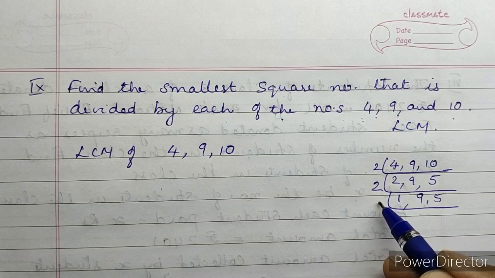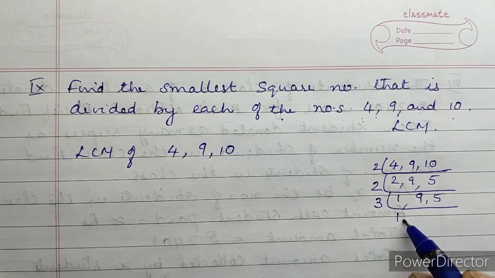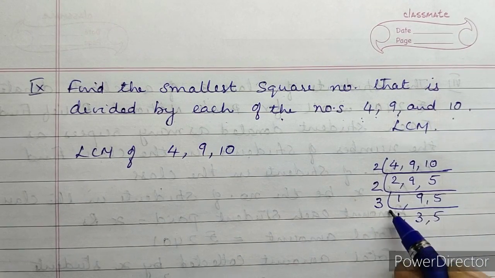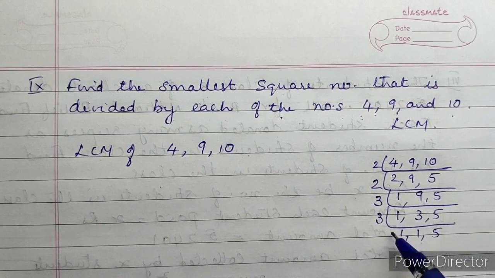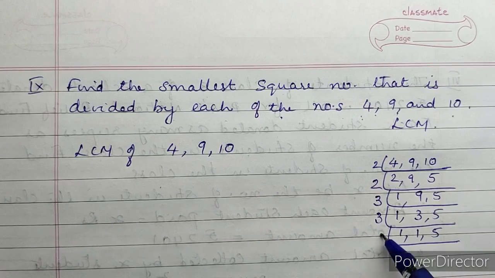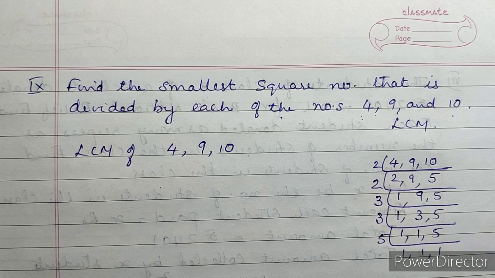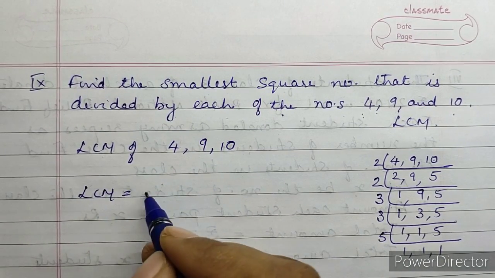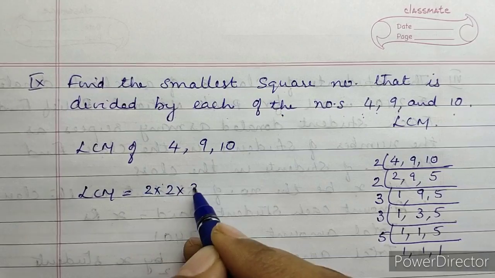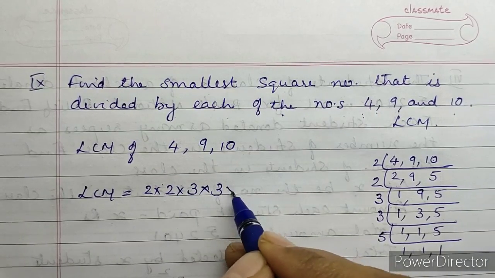Next, which number can you select? You can select 3. So 1, 3, 5. Again one more time you can select 3, 1, 5. Now last, which number? 5. So 1, 1, 1. Till you get 1, 1, 1, you have to continue the process. So what is the LCM? It equals 2 into 2 into 3 into 3 into 5.